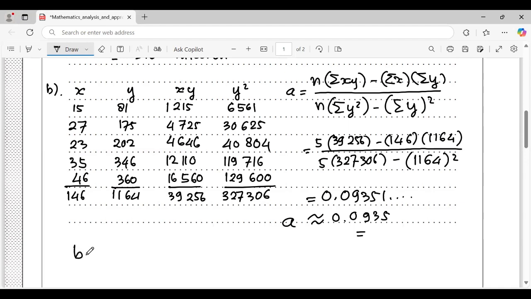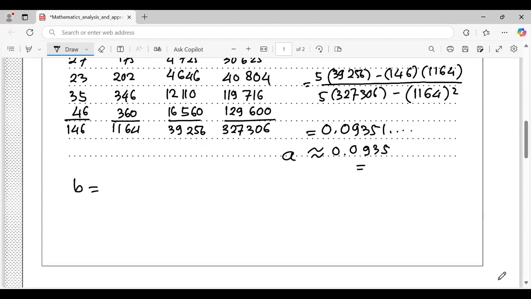Now we calculate b. b equals sigma x minus a sigma y, over n.